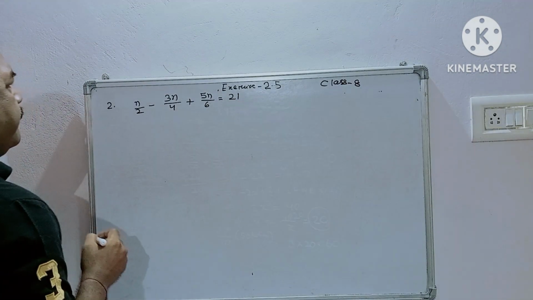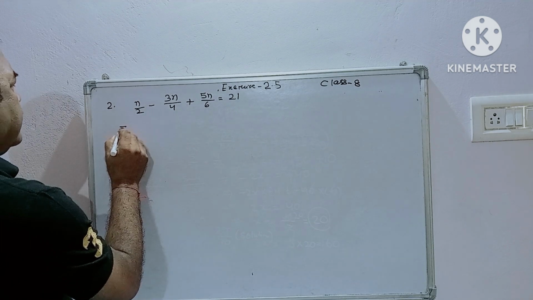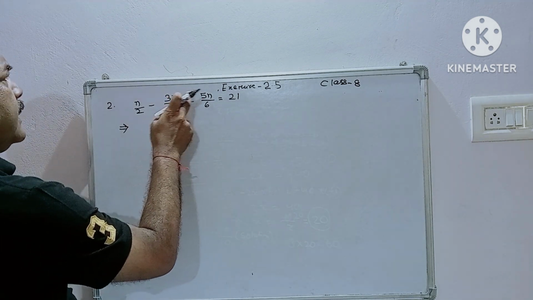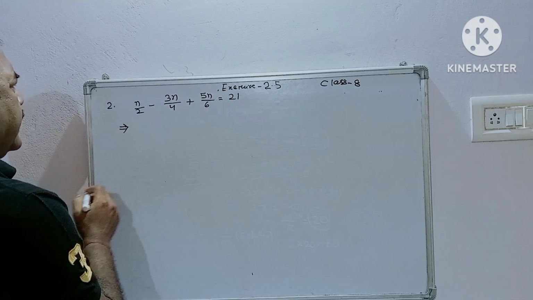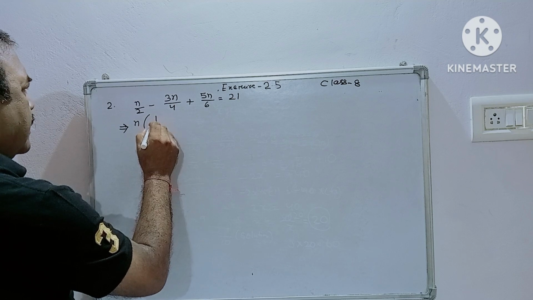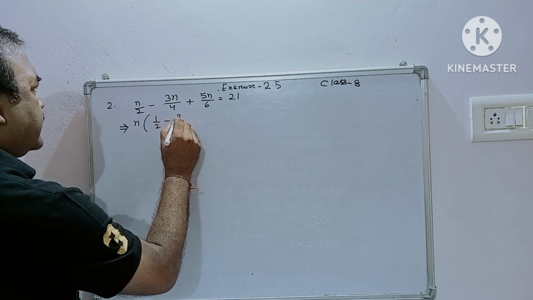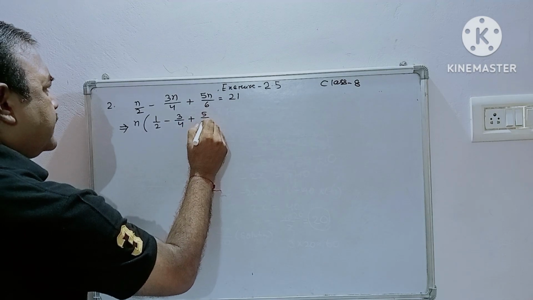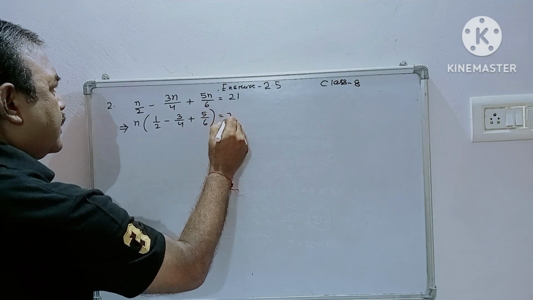So you see, n is the common factor in the numerators, so you may take it out: n into 1 upon 2 minus 3 upon 4 plus 5 upon 6 is equal to 21.